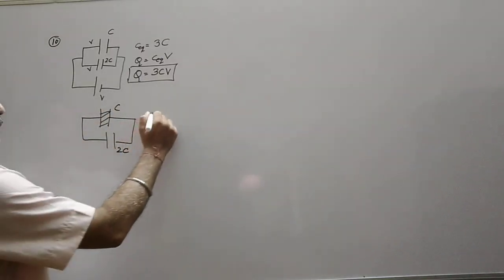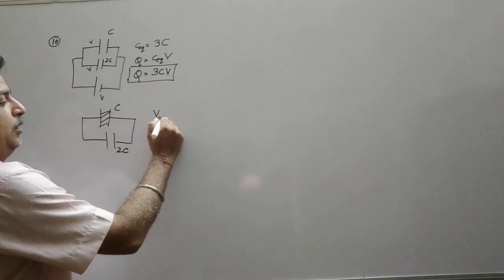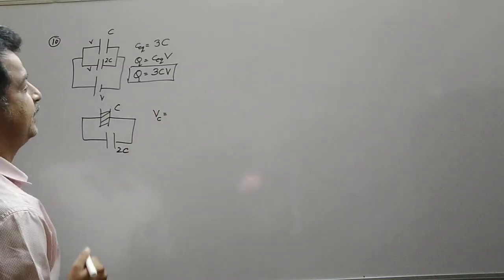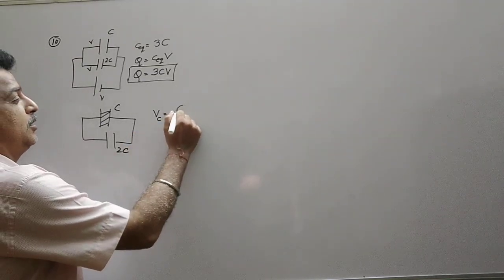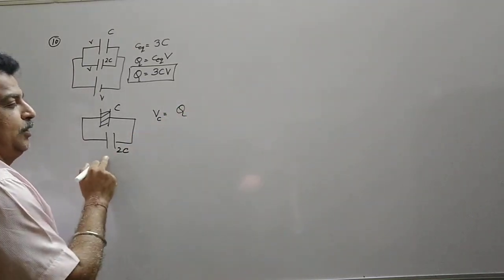So we know the common potential formula should be equal to C1 V1, or now I can find out again the C equivalent, and total charge always remains constant. So common potential is equal to charge, because there is no battery.